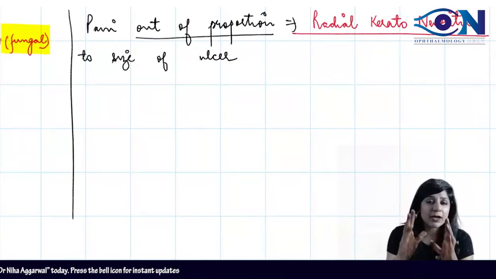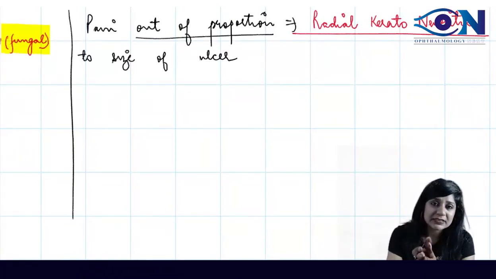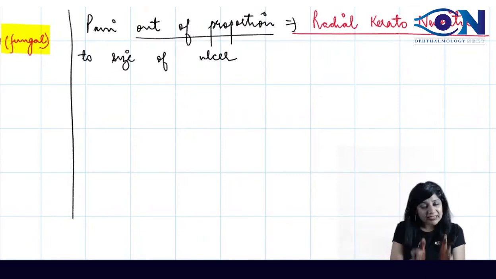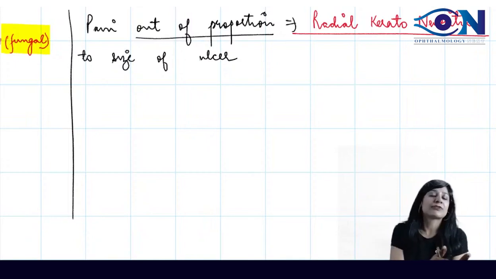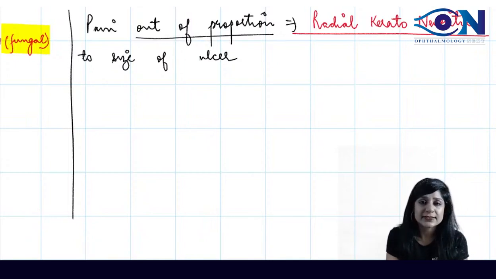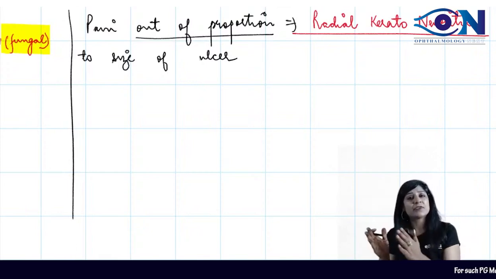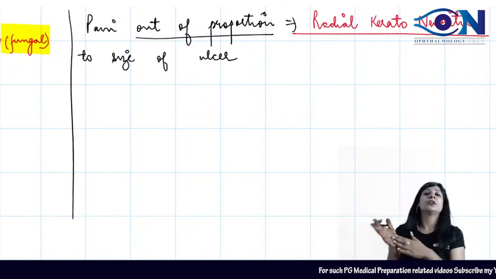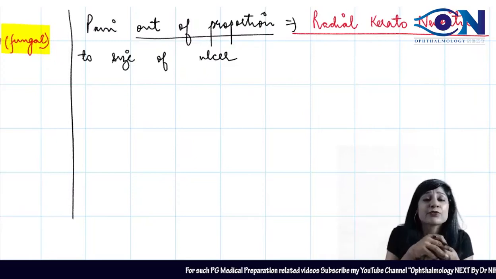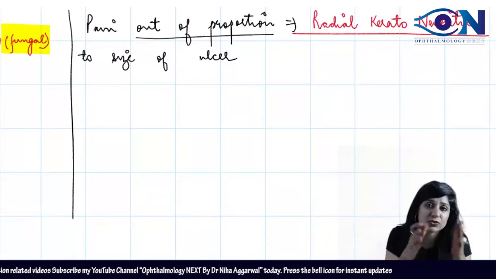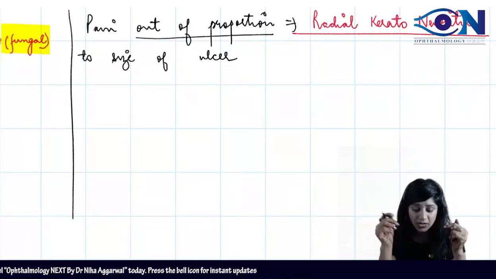Somebody has rightly written. When I talk about a contact lens user per se, the most common infection is Pseudomonas. While in Acanthamoeba, the most important risk factor is the use of contact lenses. So I hope the picture is very clear between all four types of ulcers, the layers of cornea, the properties of the cornea, and any question related to these things will be very clear.